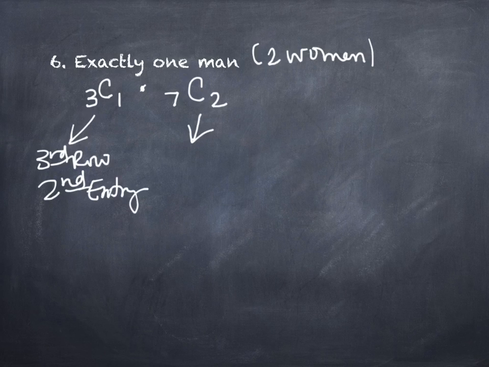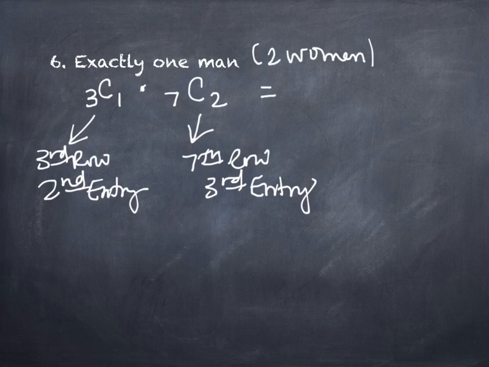What is 7C2? 7th row, 3rd entry. All right, 3rd row, 2nd entry. What is that? It is a 3. And the 7th row, 3rd entry? It is a 21. What is 3 times 21? 63.